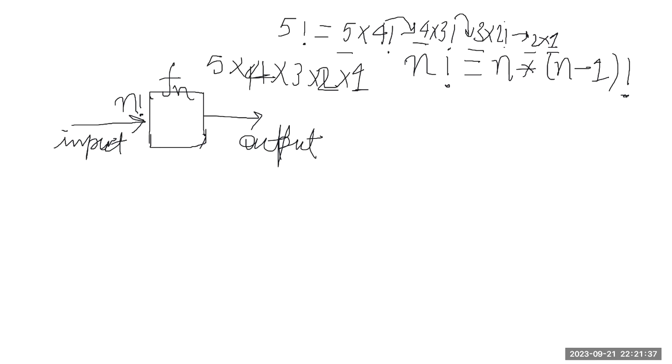Understand this? If I am asking my function to calculate n factorial, my function is telling me, fine, I will give you n factorial, first give me this n minus 1 factorial. Okay? Till here, you understood this?